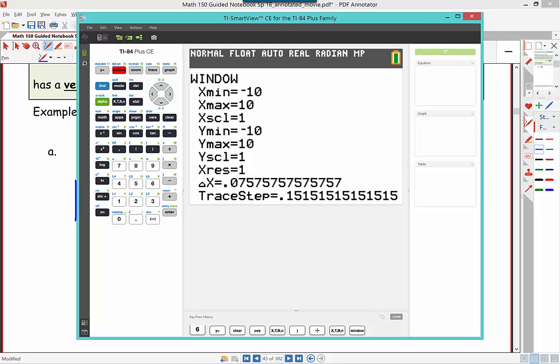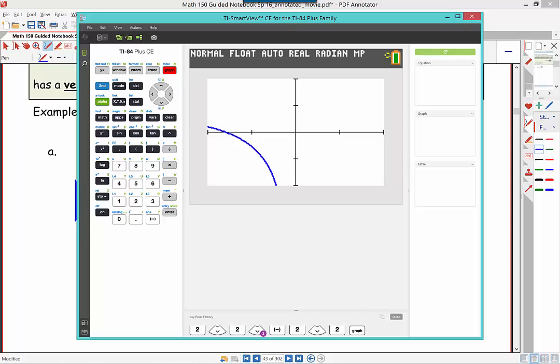We'll do negative 2 to 2, I guess, and for the y, we'll also just do negative 2 to 2. Let's see what we get.